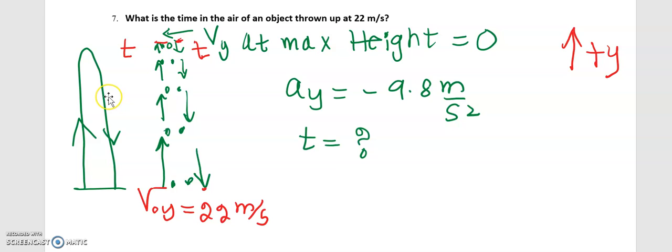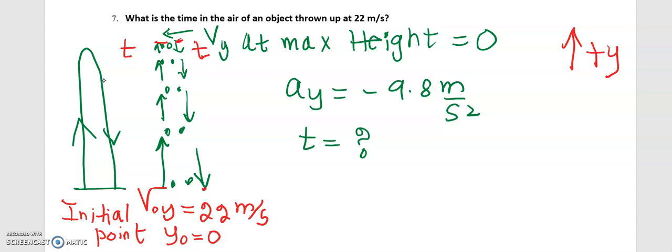I'm going to solve for t first. I'm going to take this as my initial point, the point where you throw the object. And at that point, I know the initial velocity. You can label the initial height as 0 because that's the ground level.